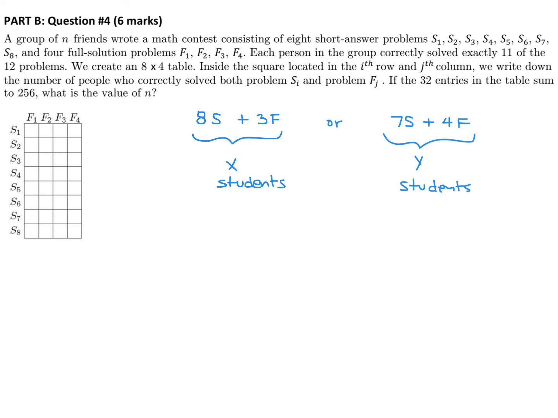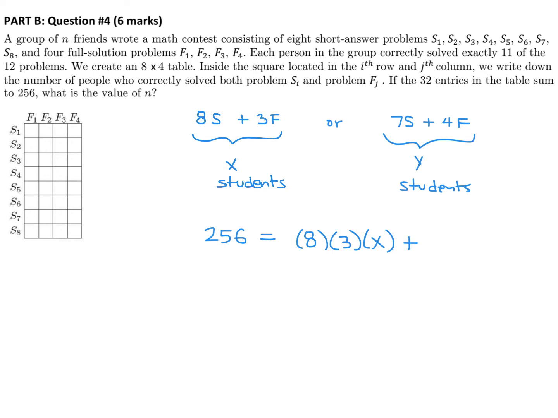Now the table sum, that's the one that we have been given as 256. That basically represents, according to my variables, 8, which is this one, times 3, which is that one, times x, which is the number of students that have solved 11 problems correctly in that format.